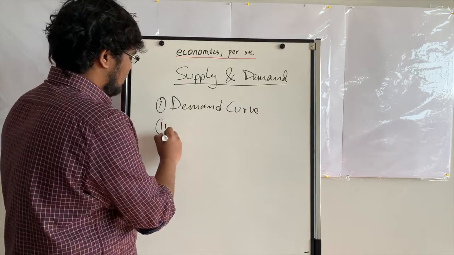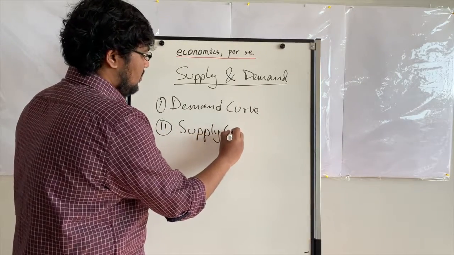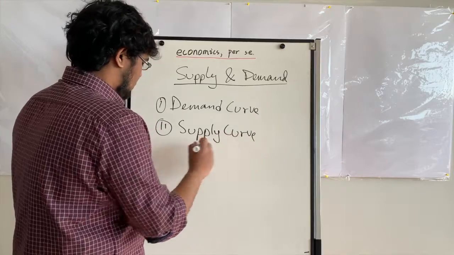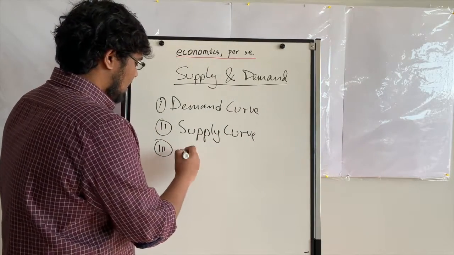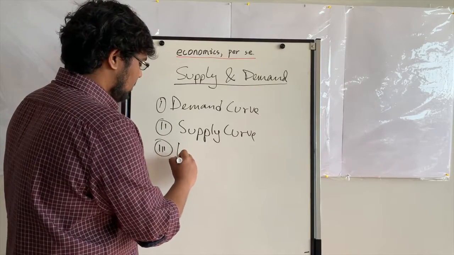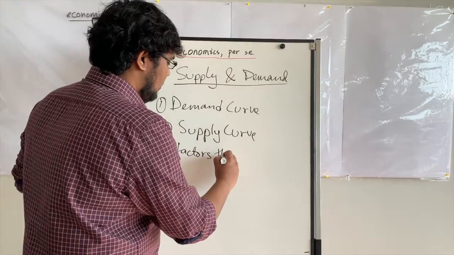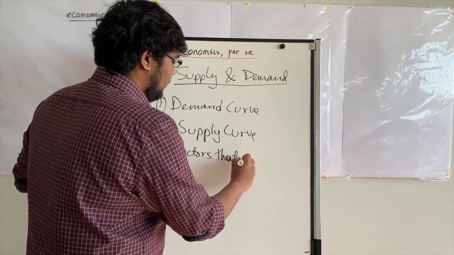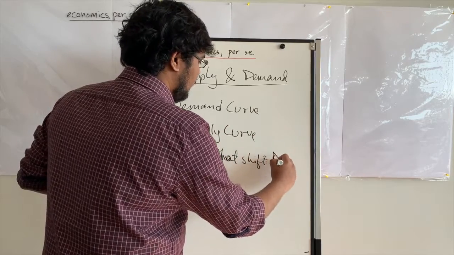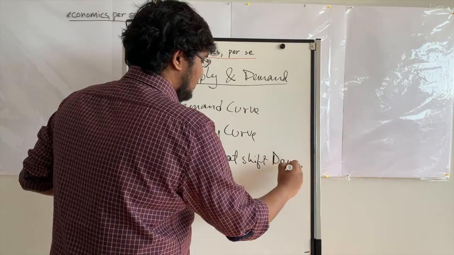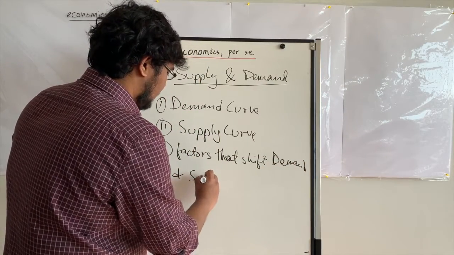The second one is the supply curve. The third one is the factors that shift the demand and supply curves.